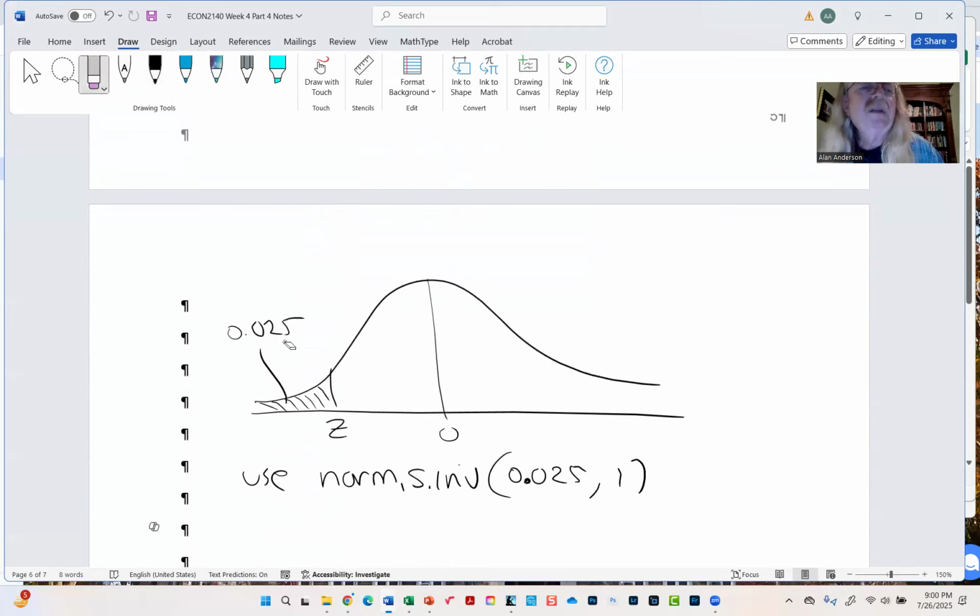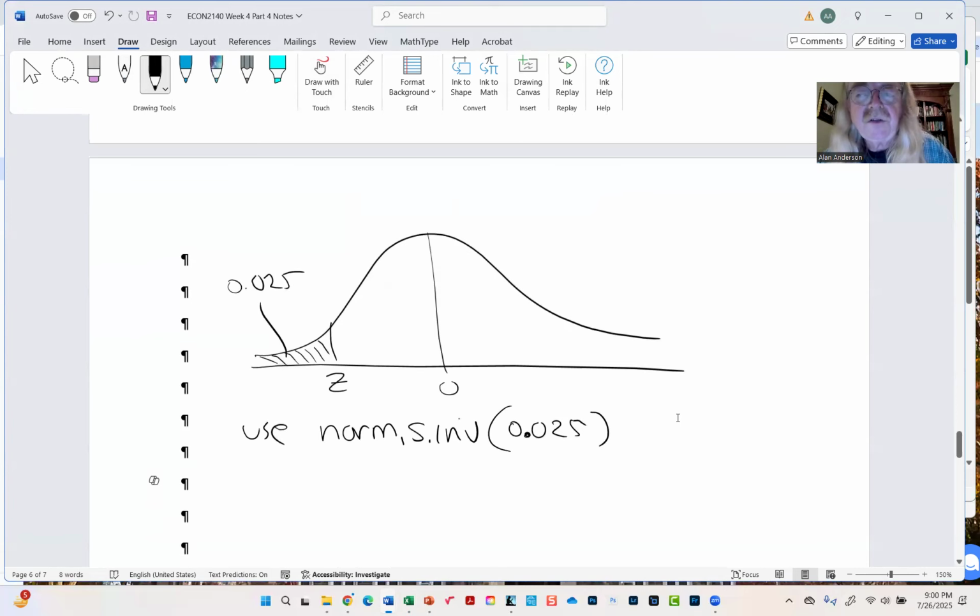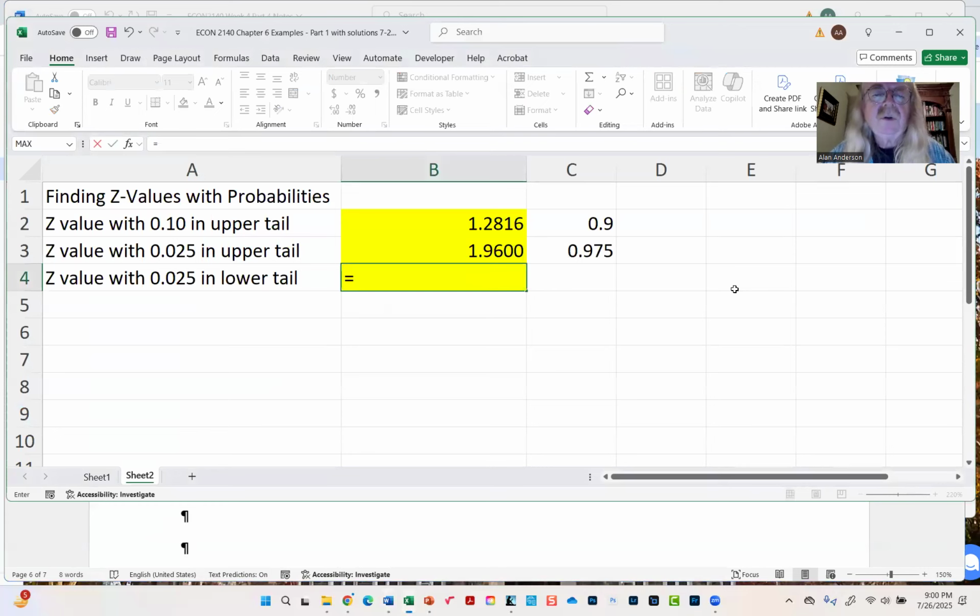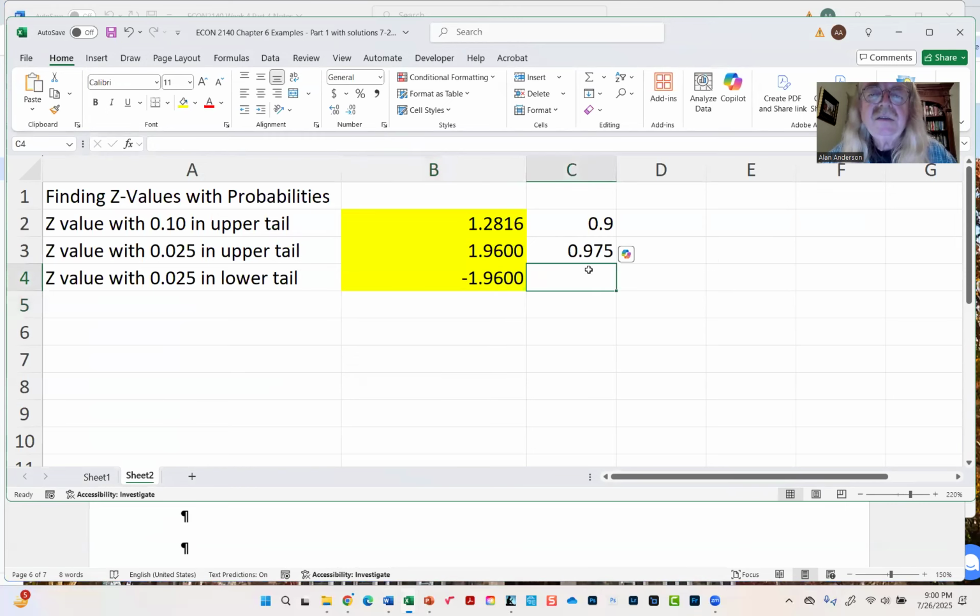Just 0.025. And whatever number we get, it's going to be negative because we're below the mean, okay? Because it will be a certain number of standard deviations below the mean. So the command is norm.s.inv 0.025. And interestingly enough, these two are the same number except for the sign. And there's a very good reason for that.